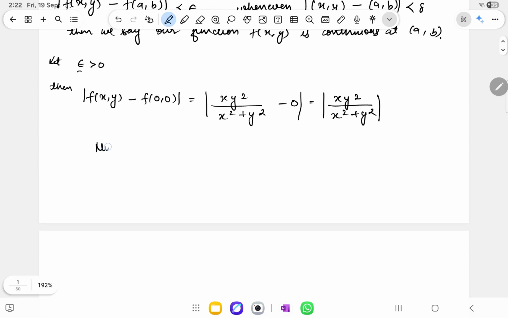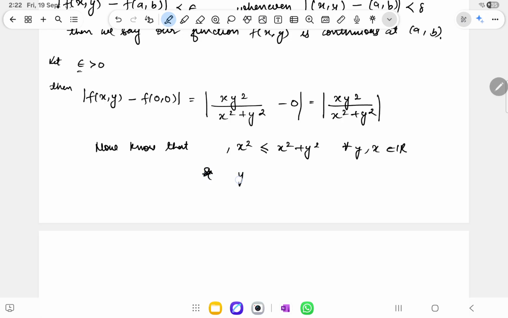Now we know that x square is less than or equal to x square plus y square for all x, y in the real line, because in the reals y square will always be positive, and adding x square with something positive will always be greater than x square.